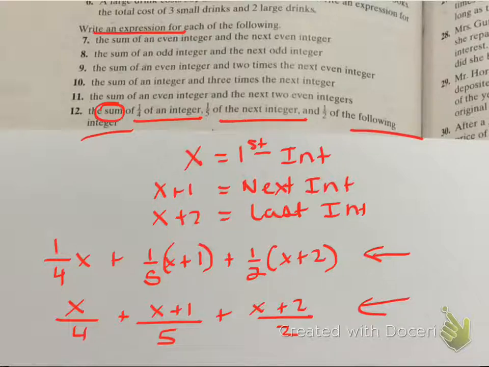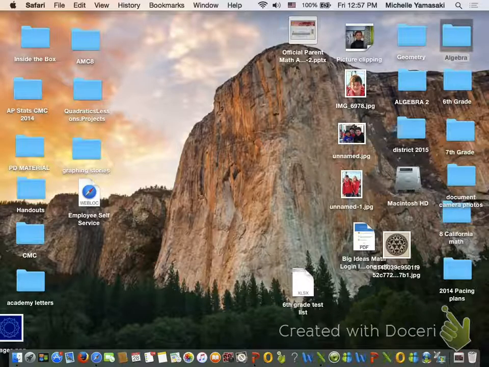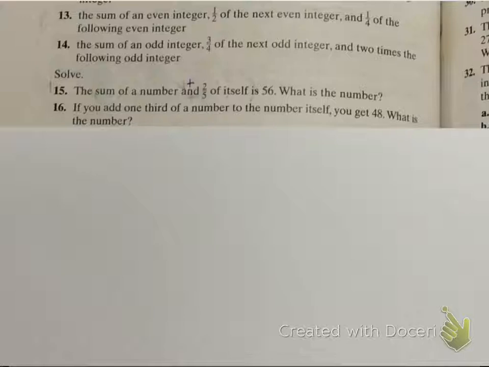Questions? All right, let's go to 15 and 16. Let's do number 15. The sum of a number and 2/5 of itself is 56. What is the number? Now, step 1, what are we looking for? What's the definition?